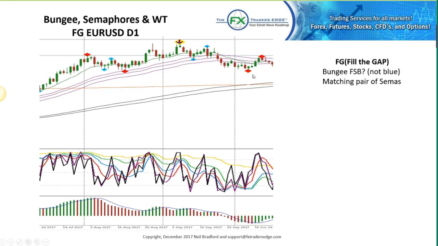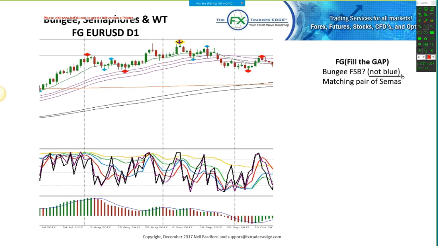So we advance the chart a little bit more. What can we see? Well, there's the retrace going on as predicted. We have a failed snapback up, but have we? The clue's in the text up here.